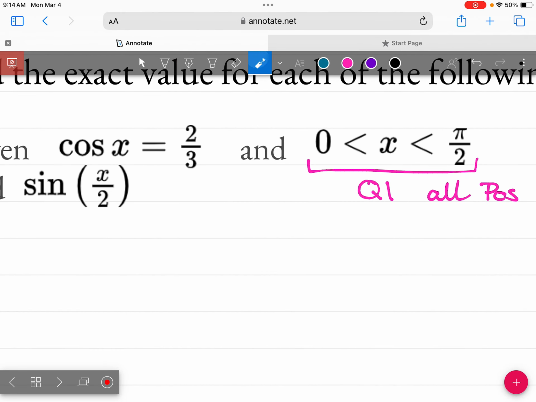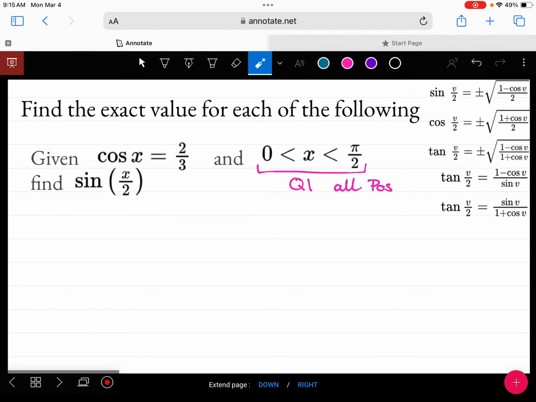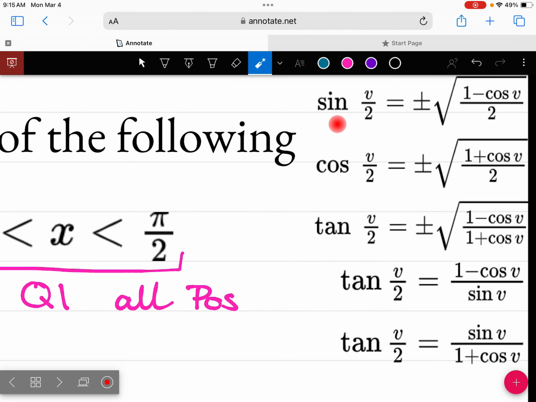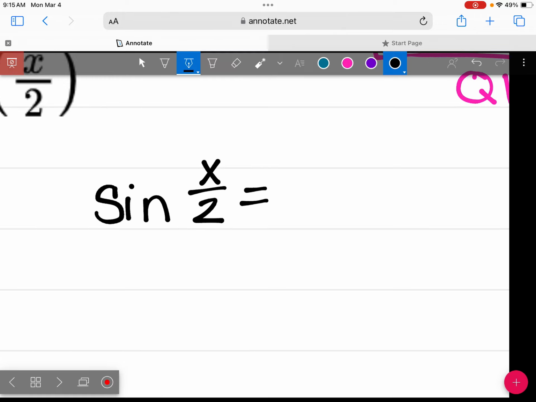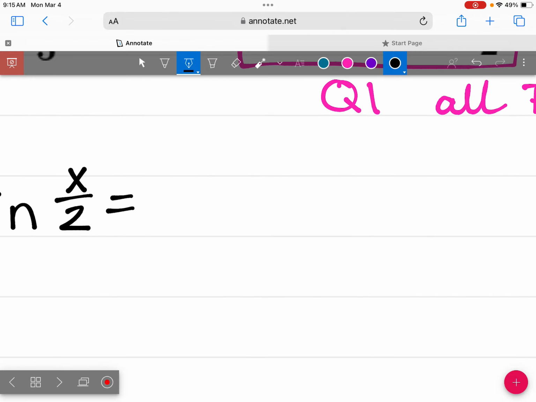So if we're looking for the sine of x over 2, and I know my cosine, we can just go straight to our formula here. We don't have to draw our triangle. If you want to draw yourself a little sketchy sketch, totally fine, but you don't have to. Sine of x over 2 is, we know it's positive, so I don't have to put my plus or minus.